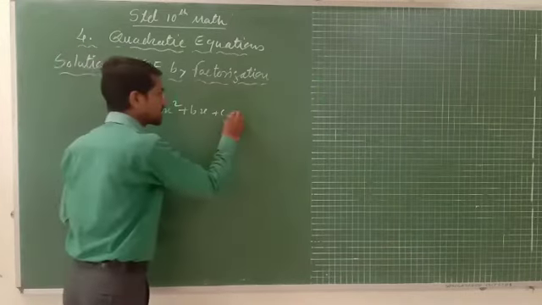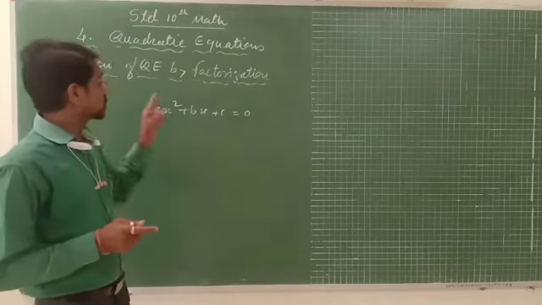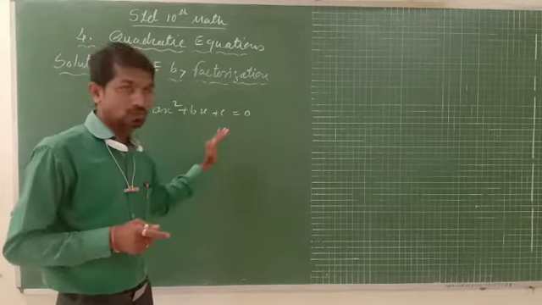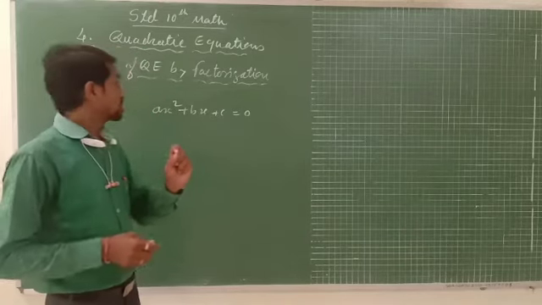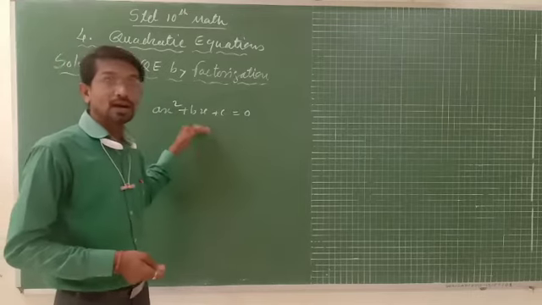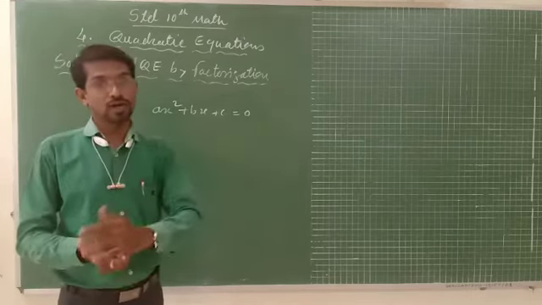So when we find the solutions, we find the numbers which satisfy the equation, making both sides the same. Those numbers are called the roots of the quadratic equation, or the solutions of the quadratic equation.